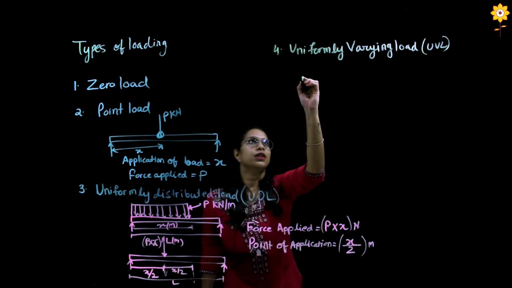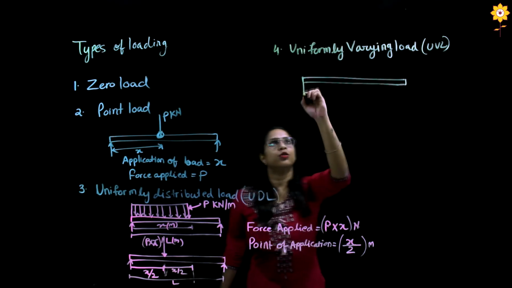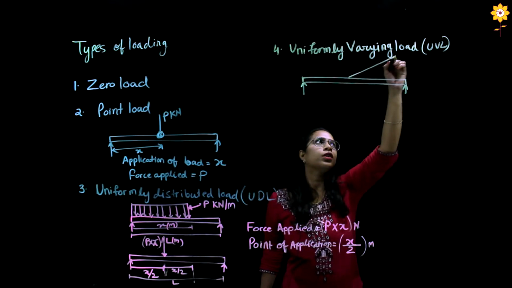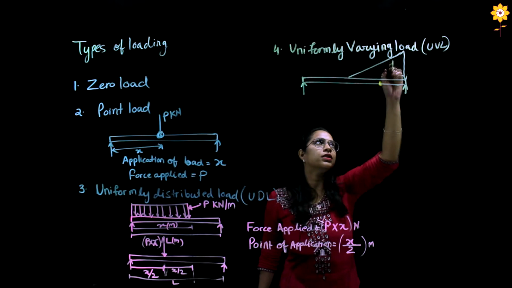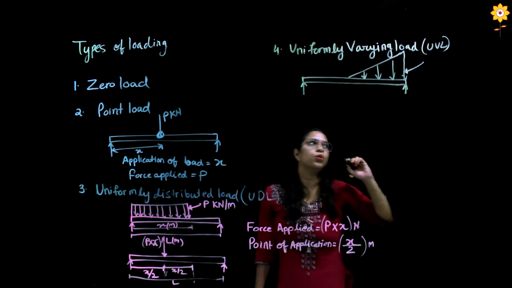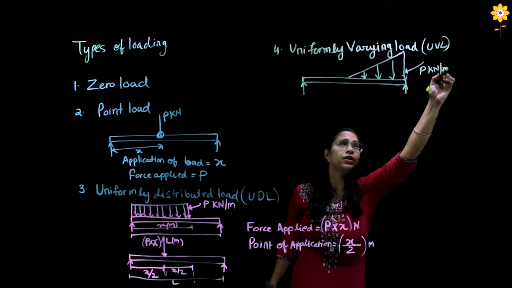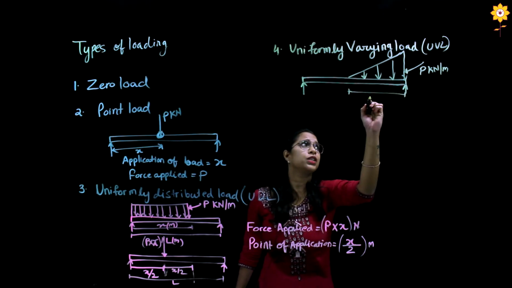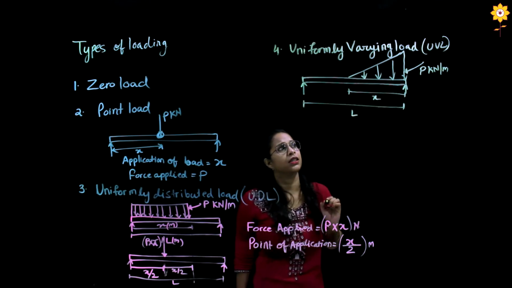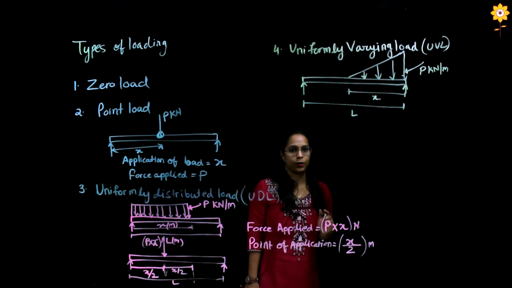To represent this, for a simply supported beam, it can be drawn like this, a triangle with the forces acting downwards. Let's say this is P kilonewton per meter again, the distance over which the UVL is placed is x, and this distance is, let's say, L.